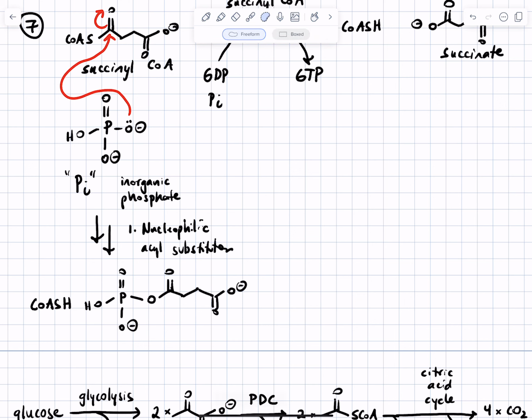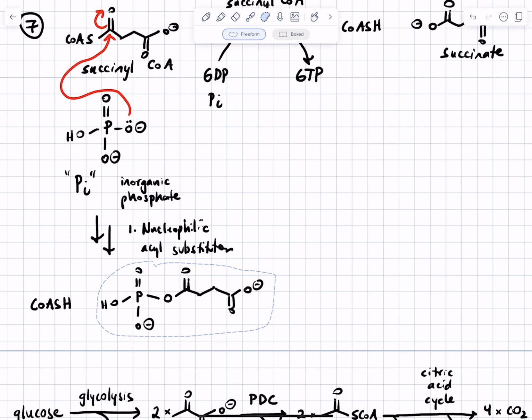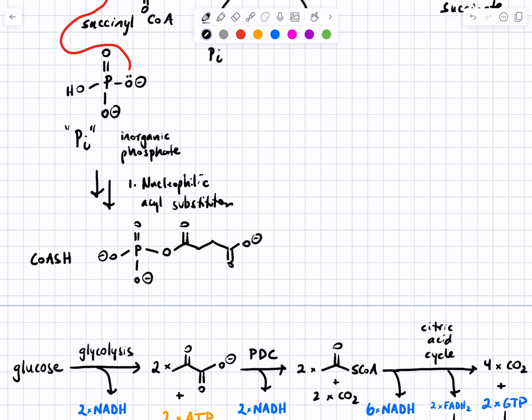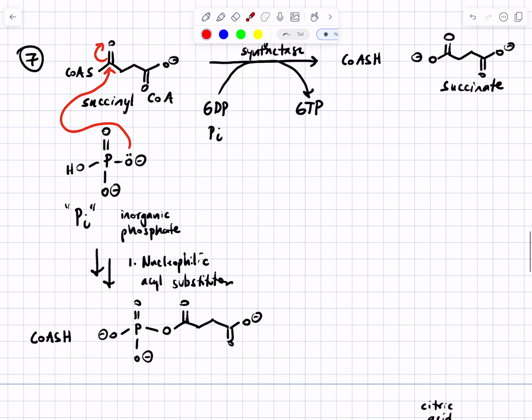Because of pKa's at physiological pH, you'd be totally fine drawing either this form or the dianion on the phosphorus. Either one is reasonable. It doesn't matter for our purposes. Basically, attack the carbonyl carbon, make a tetrahedral intermediate, electrons kick down, thiolate leaves as a leaving group. So now you've converted the thioester into something that's also reactive.